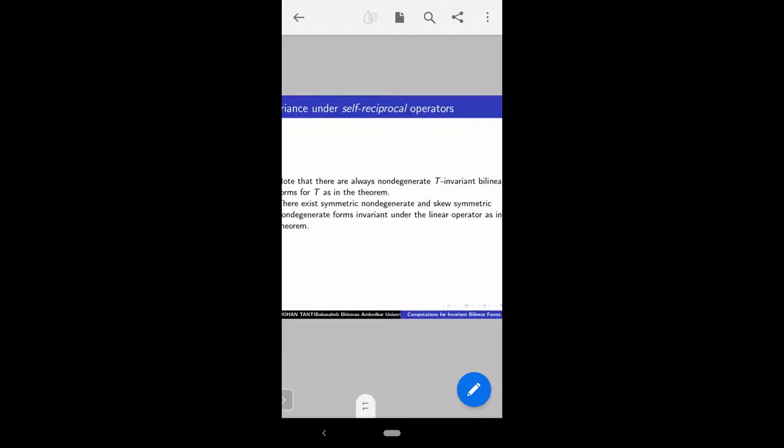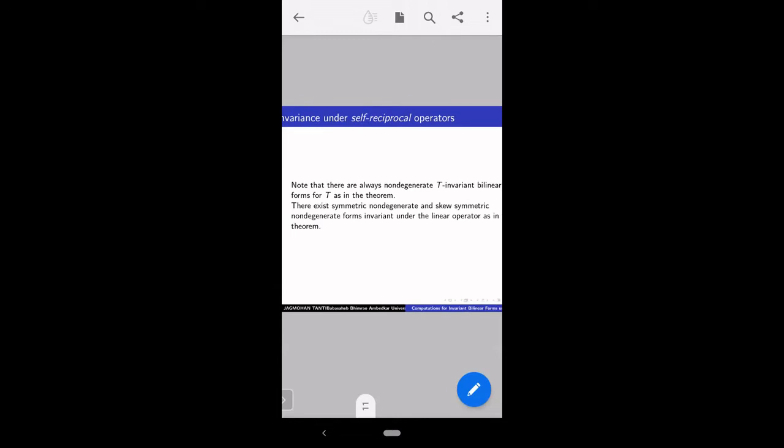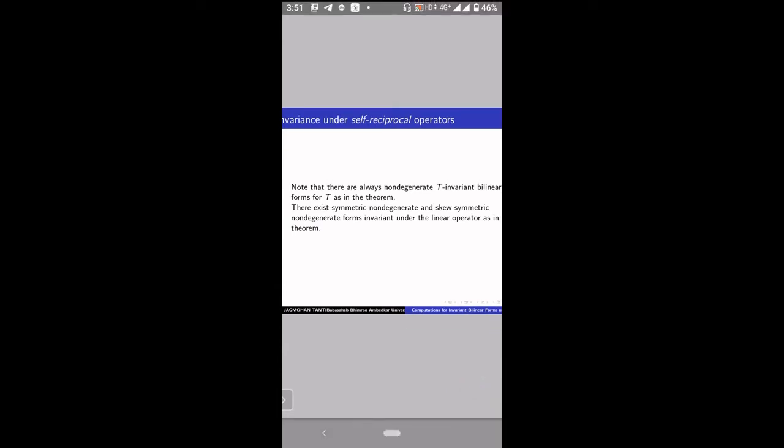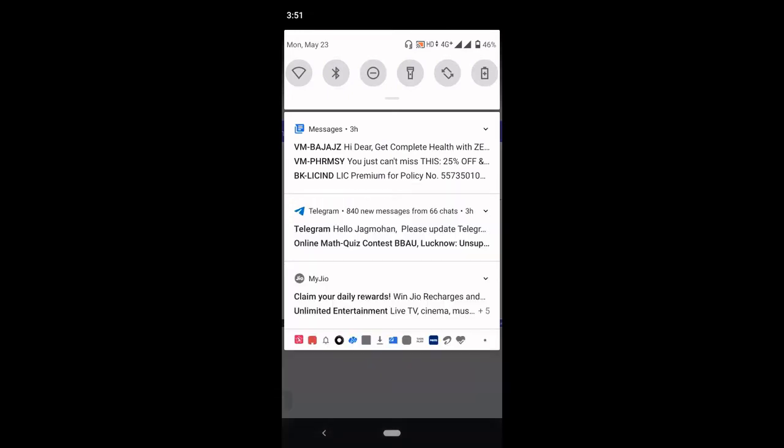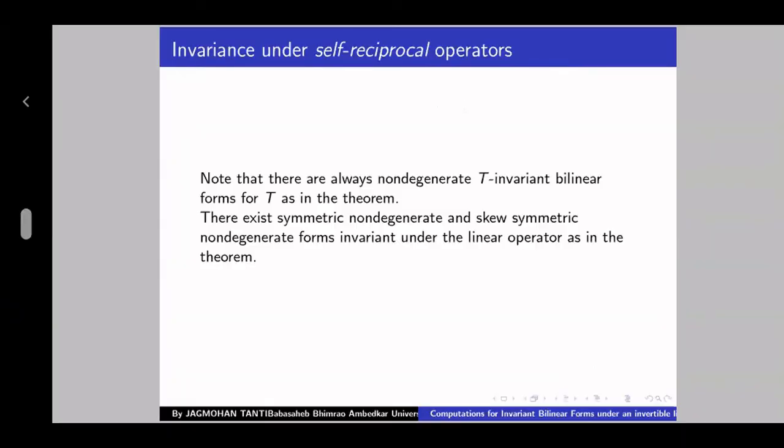Then can you rotate it the other way around? Okay, one minute, I'm rotating. We see your SMS. Now it's better. This is very good. Okay, sir, thank you.